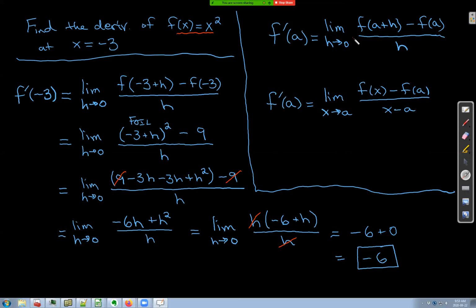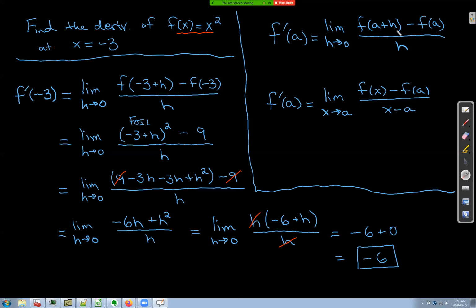So the moral is that these two formulas are exactly mathematically the same. And so the question is, well, which one should we use? And the answer is, you can use either one. As long as you use them correctly, it makes no difference which one of these you use.